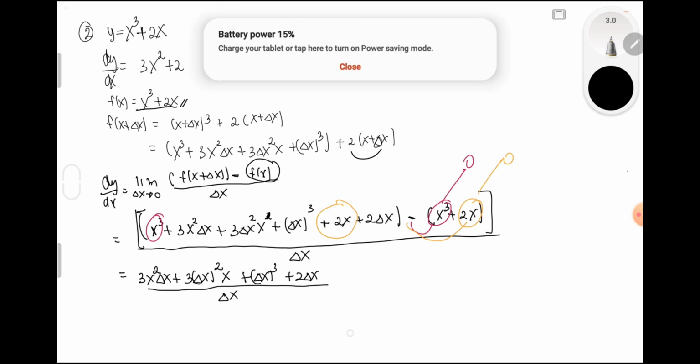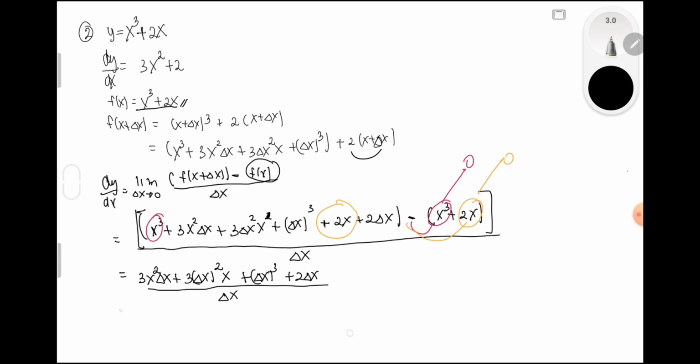By further manipulation of the equation, let's eradicate our delta x over delta x, which is equal to 0 over 0. So, eradicate natin yan. Therefore, factoring out your delta x, we'll have a value of 3x squared plus 3 delta x plus delta x squared plus 2, divided by our delta x.